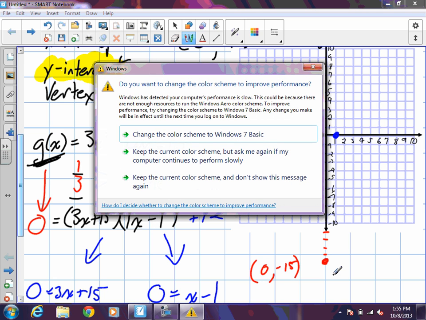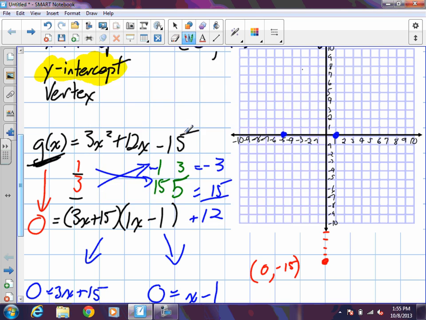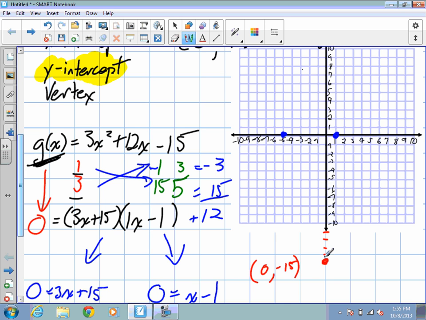Okay. So, if it's a max or a min, if it's opening upwards, what is it? The vertex, a max or a min? It's a min, technically, right? And if it's opening downwards, it's a max, okay? So, if it's a min, is the vertex below or above the Y-intercept? Has to be below. It's the minimum point. It has to be the lowest point.